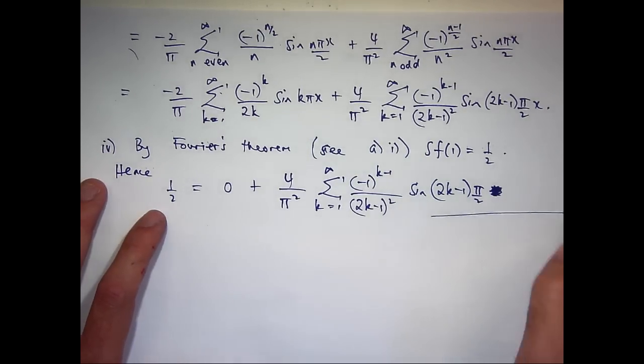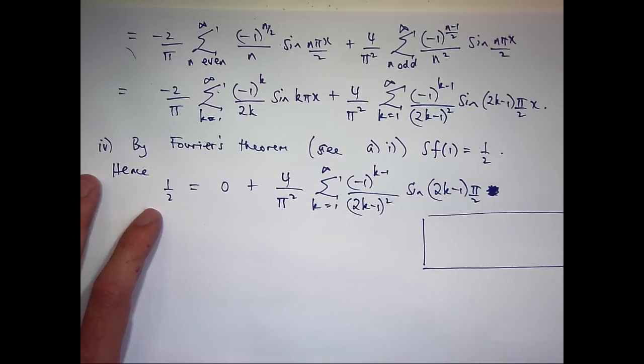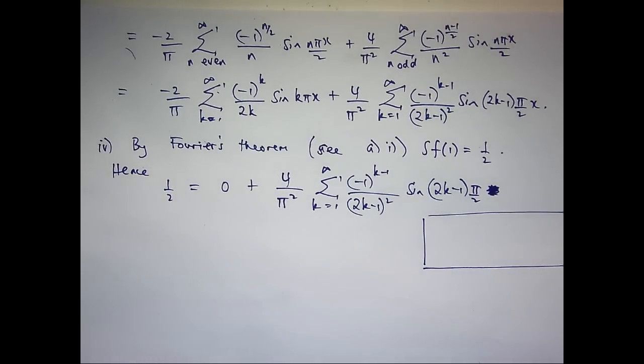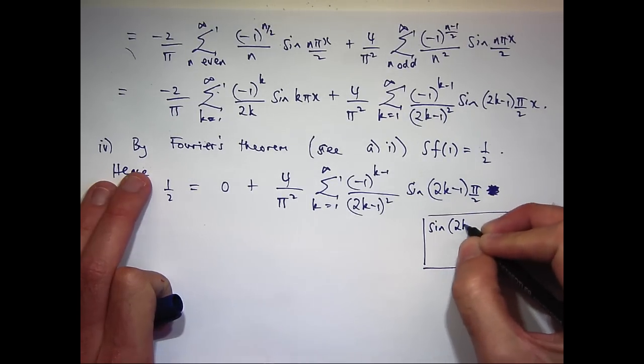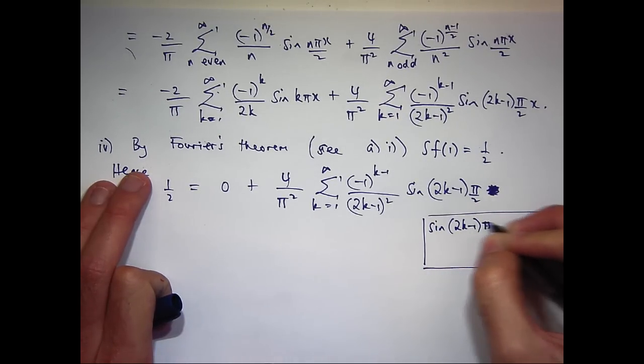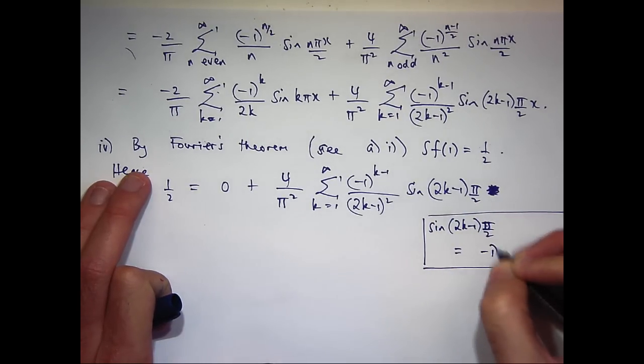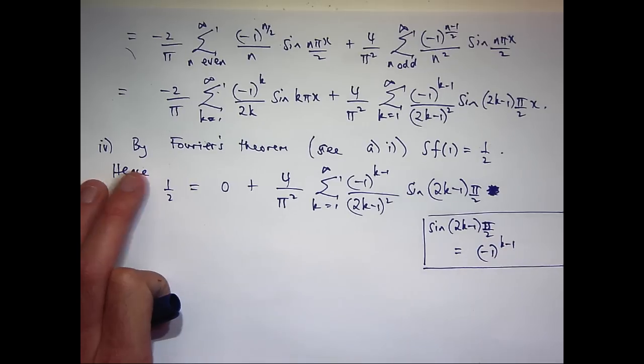Now, sine of odd multiples of pi on 2, well, that just oscillates between -1 and +1. Okay, so if I want to simplify that, I can using the following. Pi on 2. It's -1 to the k minus 1.